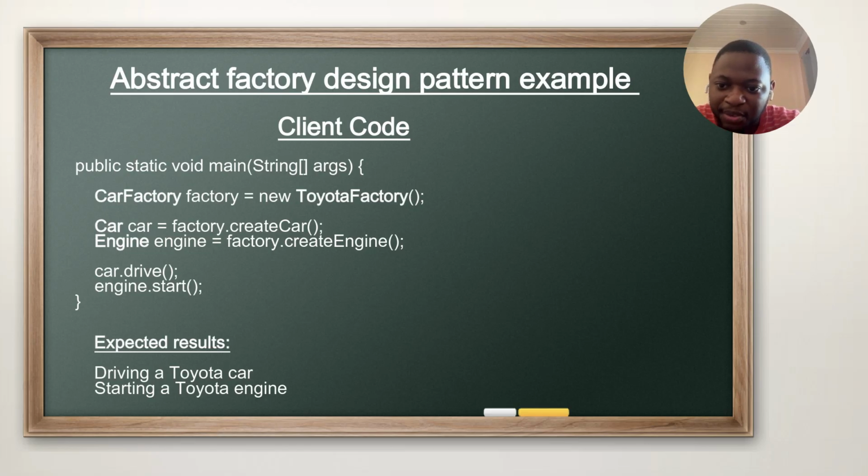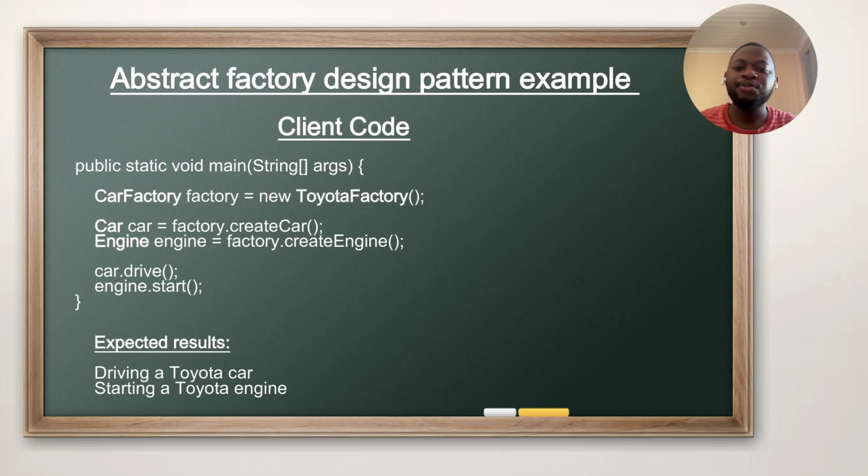And below we have car.drive invoked and engine.start invoked. Whenever we call the car.drive method, we should have driving a Toyota car printed out, and below we have the engine.start method invoked from the engine interface, and we should have starting a Toyota engine printed out.